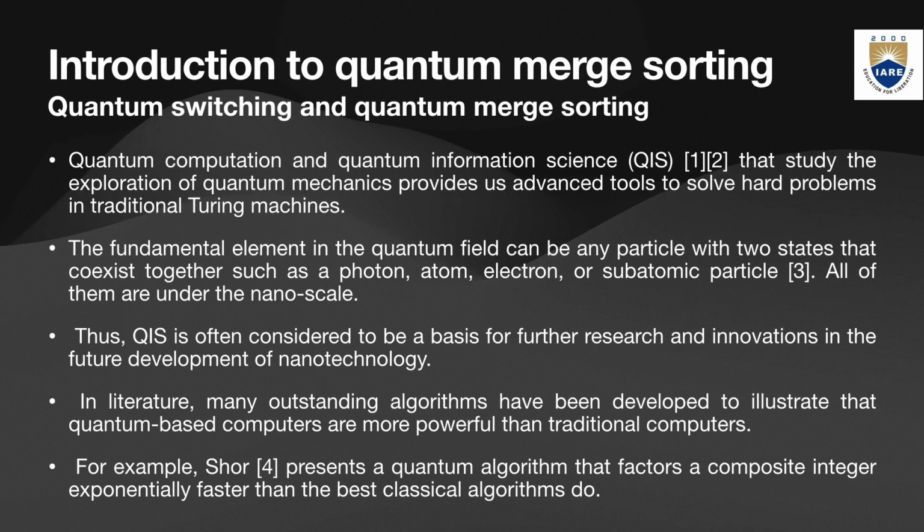In literature, many outstanding algorithms have been developed to illustrate that quantum-based computers are more powerful than traditional computers. For example, Shor presents a quantum algorithm that factors a composite integer exponentially faster than classical algorithms do.